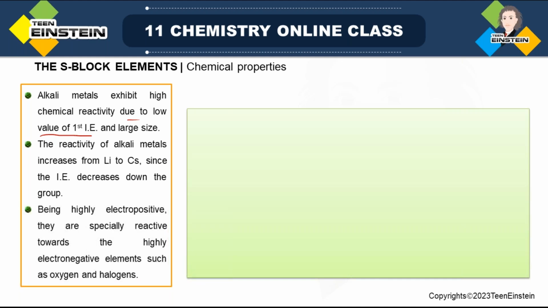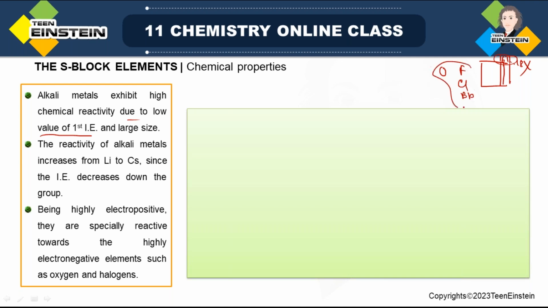And as they are very electropositive, the most electropositive you can say, obviously they will show specific reactivity towards the most electronegative elements in the periodic table. In the periodic table, on the right hand side there are groups 16 and 17. I'm not talking about 18, just excluding that, if you consider groups 16 and 17, the elements present are oxygen and the halogens, that is F, Cl, Br.